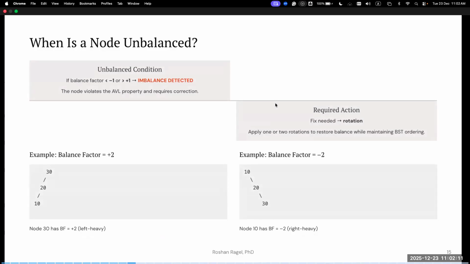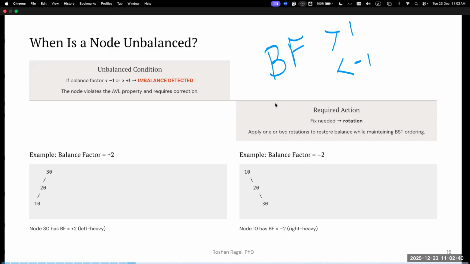So when is the node unbalanced, right? So if the root node is unbalanced, when is it, right? That is the question I already answered. So basically, if you have a balance factor which is greater than 1 or less than minus 1, right?